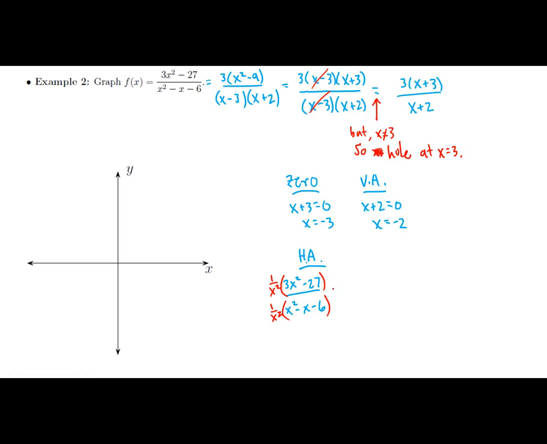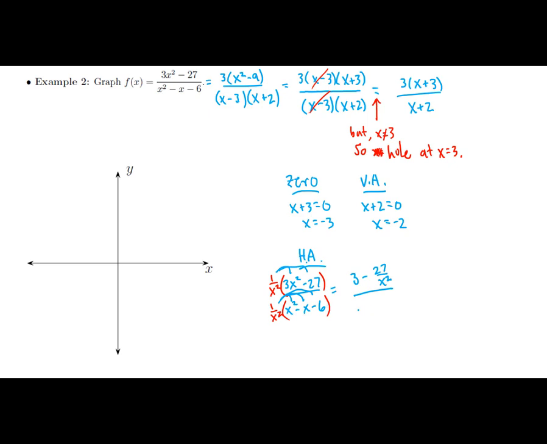Now in the last example I showed a lot of detail work when it comes to simplifying this. I'm going to show a little less here, but just remember we're distributing through both top and bottom. In the first term on top, 3x squared divided by x squared is just 3. 1 over x squared times negative 27 is negative 27 over x squared.